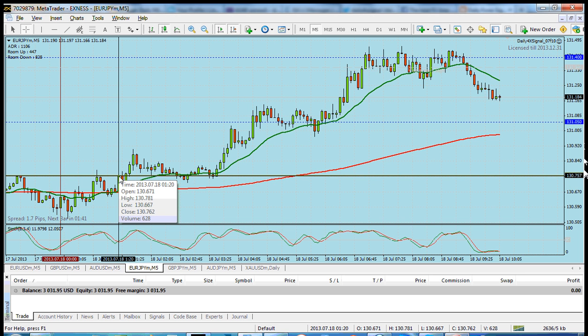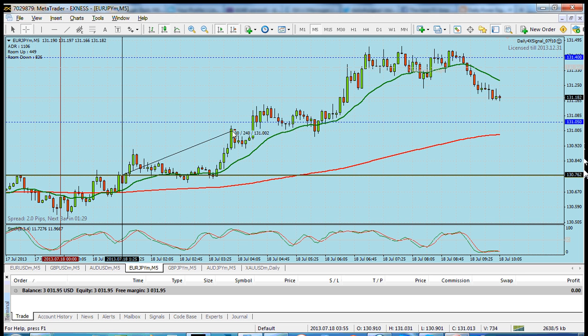We have to look at the fifth condition, whether we will enter on the close of our qualifying candle and on the open of the next candle. So if we enter over here, do we have 20 pips? We have 20 pips. Only then we will enter on the next candle.